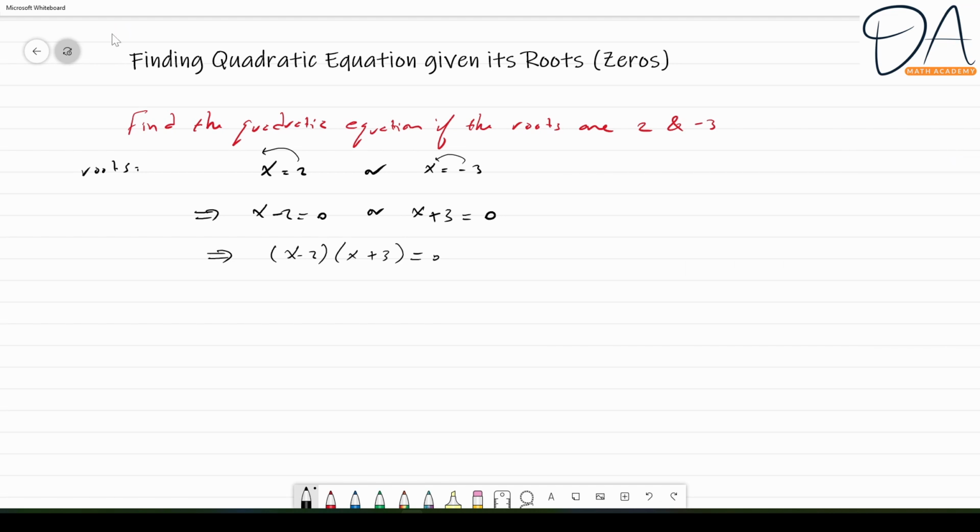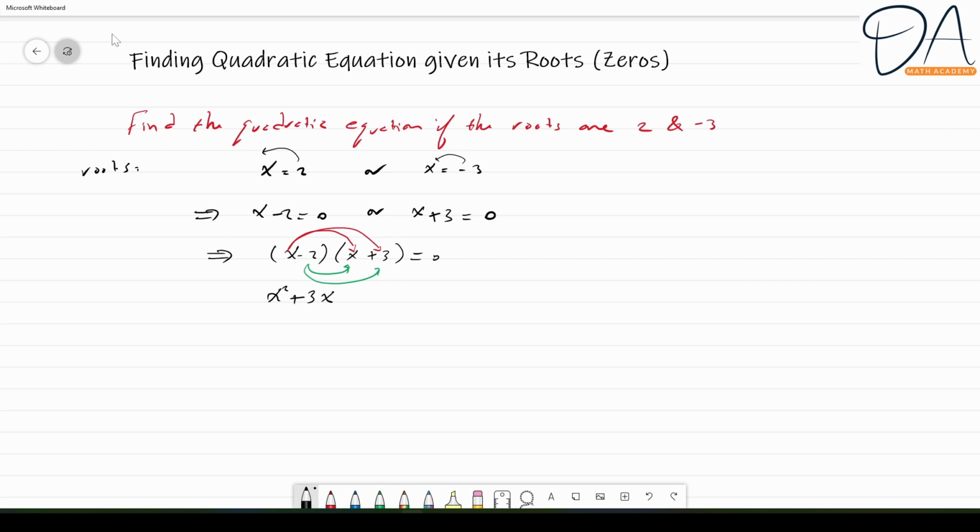Now, what we should do is simply to expand this. So I'm going to multiply the x with x and x with 3. This will give me x squared. X times 3, this will give you 3x. Then we multiply the other term, minus 2, with x, and also minus 2 times 3.